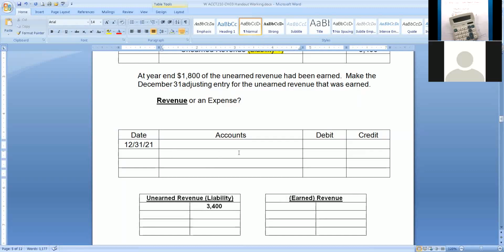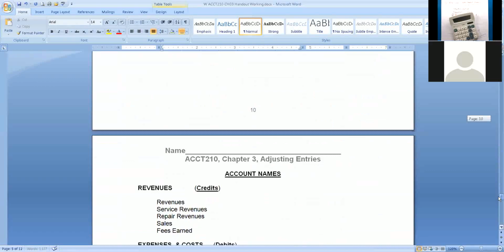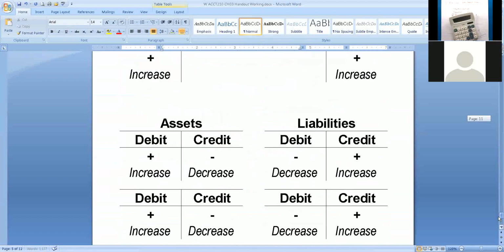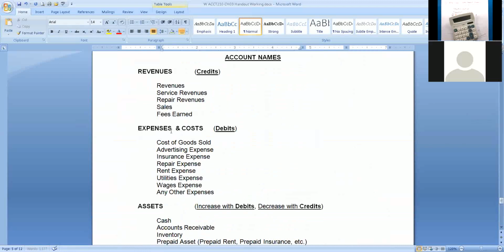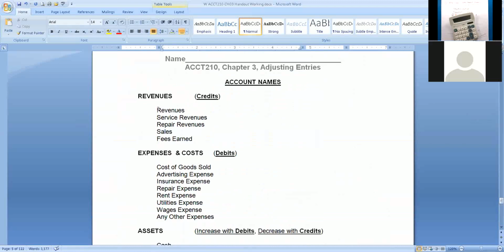By the way, I attached this thing on there, so you should always look at that too. I put these on pretty much everything. If you are an accounting major, as you go up in accounting, you're probably not going to need it, but at least for us starting out, it's a good thing to have.